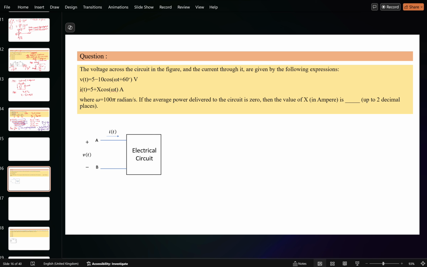Whether it is cos or sine, that doesn't matter. Anybody?